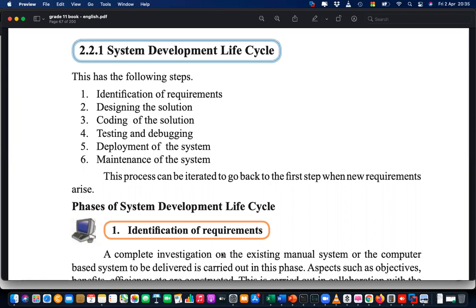As it mentioned, this is iterative. Why? Because after implementing the system, there can be new problems and new requirements to answer them. For example, develop a footpath, but after developing, you might need better infrastructure, a better road.